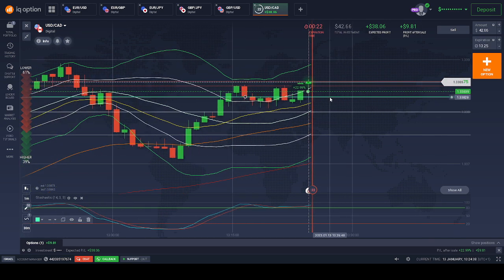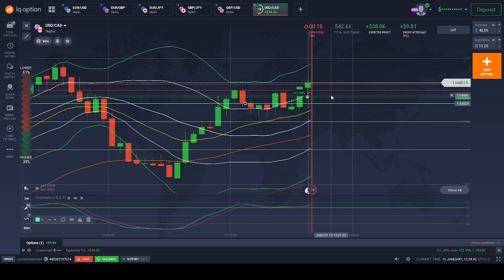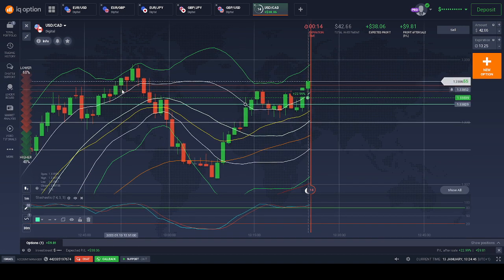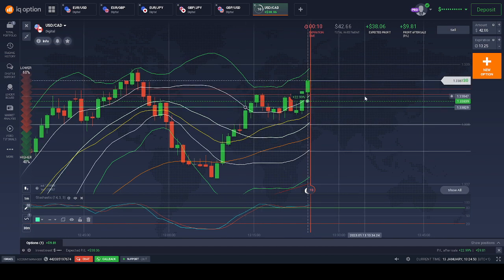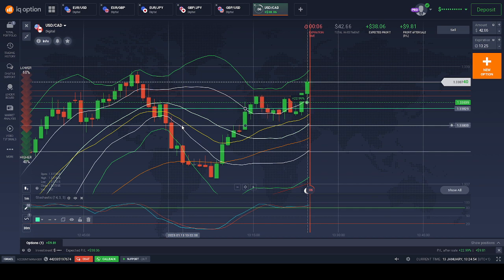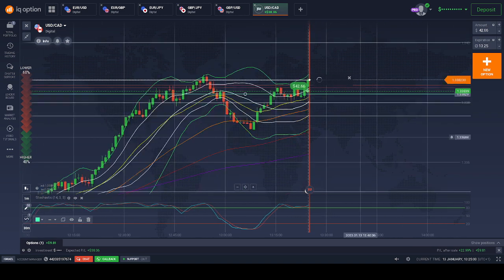This is a strong candle. I'm happy with this trade.